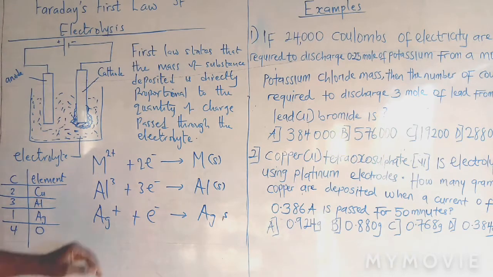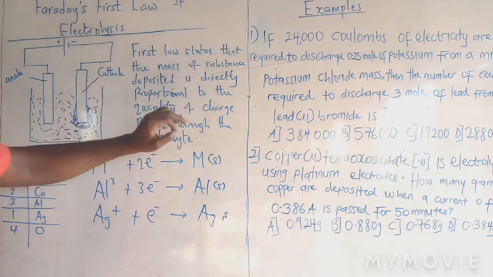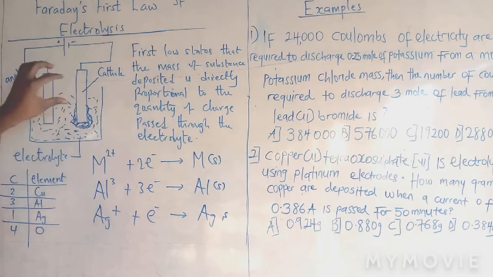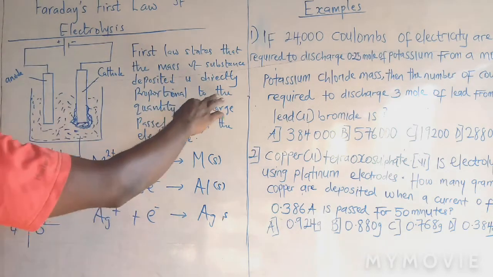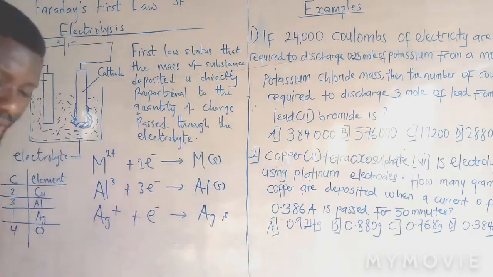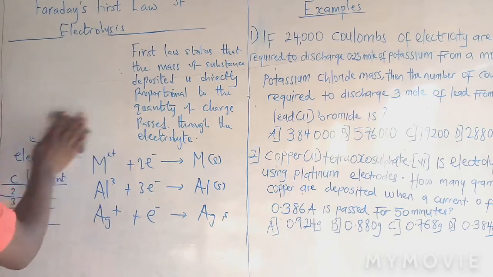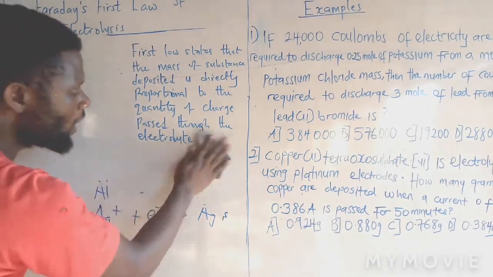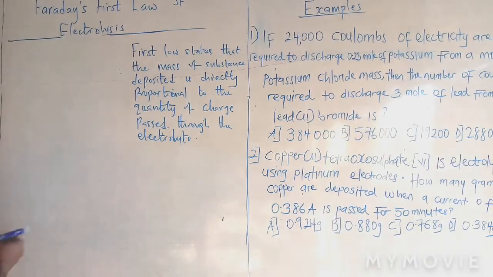According to the first law of electrolysis, it states that the mass of substance deposited at the cathode is directly proportional to the quantity of charge passed through the electrolyte. Now, the charge passed through the electrolyte for 1 mole of electrons is given as 1 Faraday.